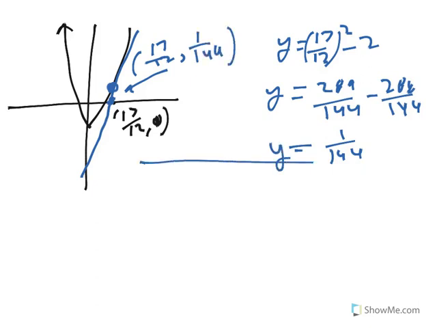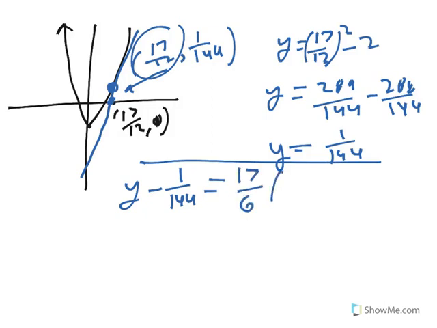So the equation of this blue tangent line is y minus 1 over 144 equals the slope. Well, the slope is double the x-coordinate. Double 17 over 12 is 17 over 6. Our goal is to get the x-intercept, so we plug 0 in for y.